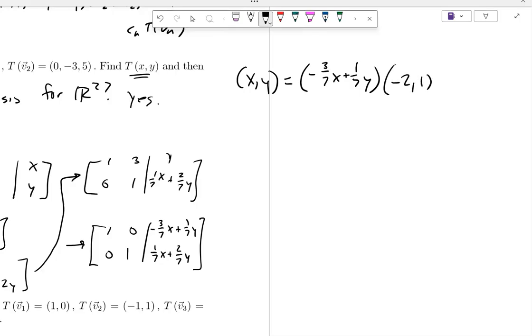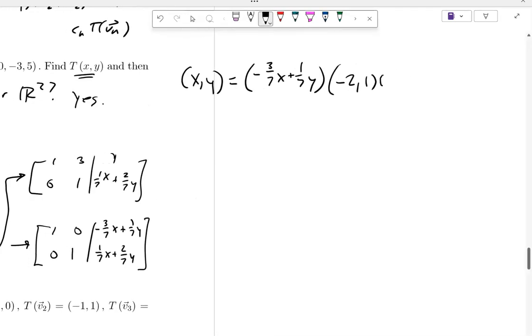Is that right? Does doing the row swap change that? No, this is still C1 and C2. The row swap didn't change that at all. That was the vector -2, 1, and the next one's 1, 3. So then it'll be plus 1/7 x plus 2/7 y times 1, 3.